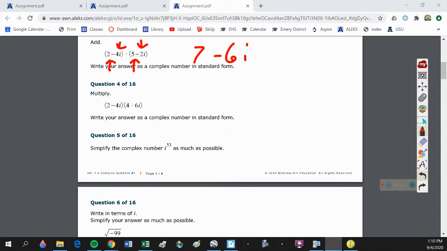And just for your information, we call this imaginary and this real, and we call this complex. Now, you could call the whole thing imaginary, but technically that's how we define them.